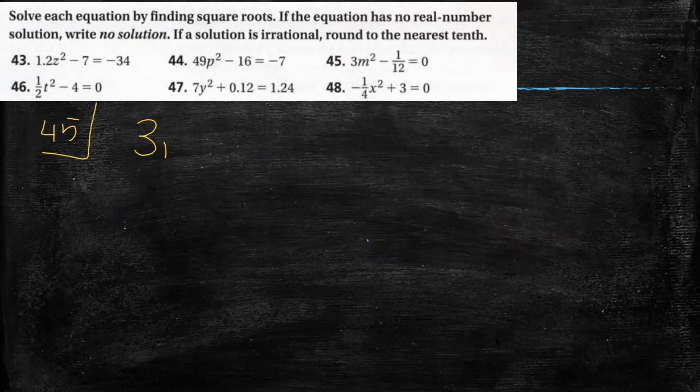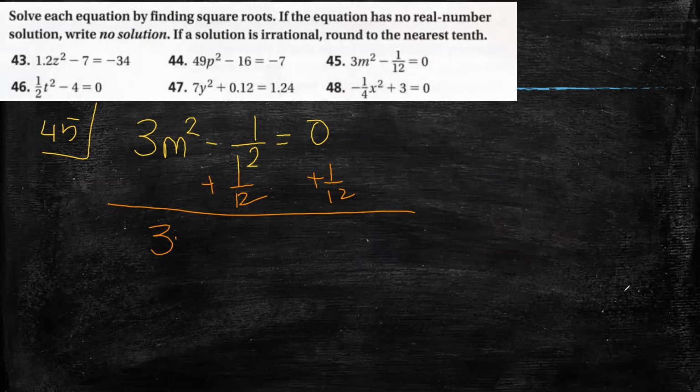In number 45 here, 3m squared minus 1 over 12 equals 0. So I have to isolate the number on one side and the other on the other side. So plus 1 over 12.